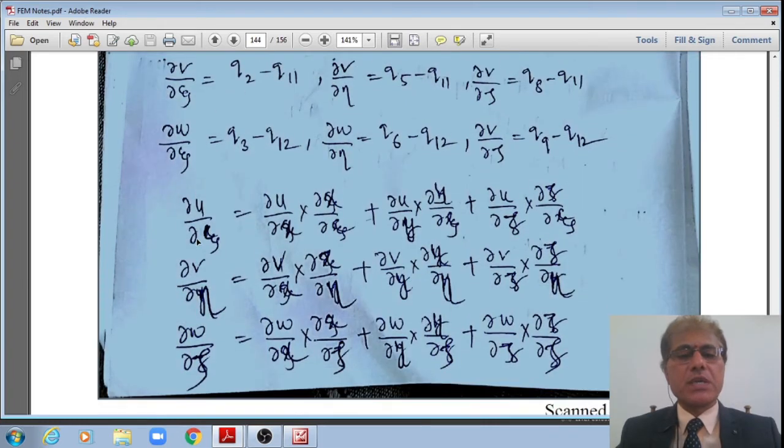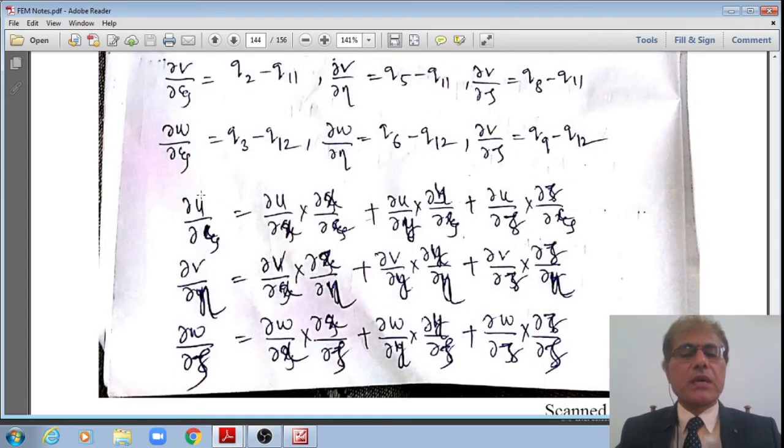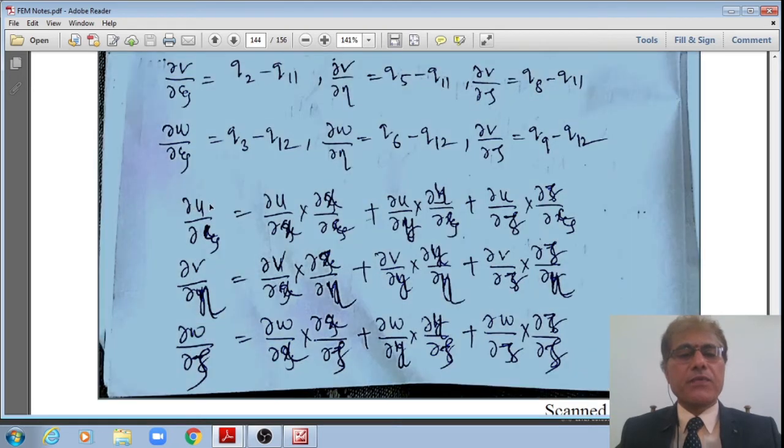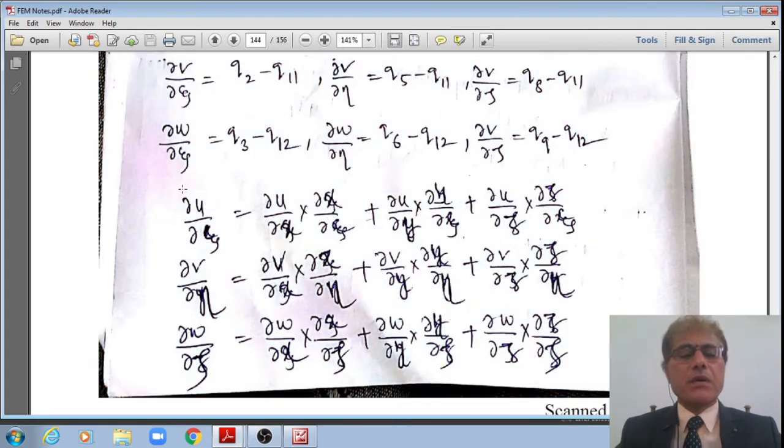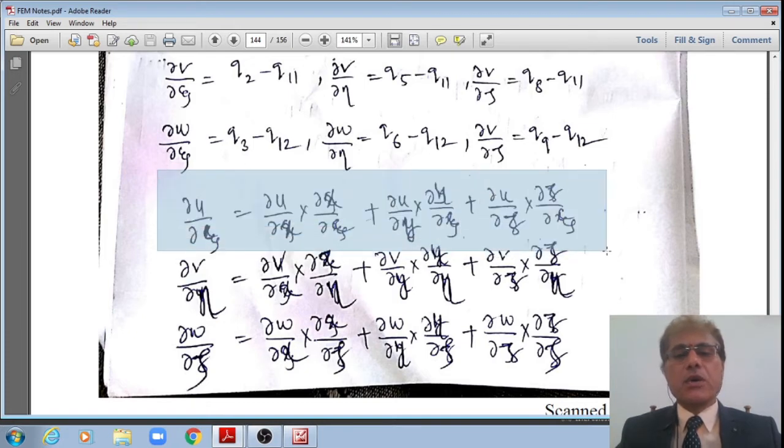Therefore, using the chain rule of differentiation, students, I can say the differentiation of any function f, which may be a displacement u, or v, or w as appropriate, right? Therefore dou f by dou xi, or dou u by dou xi, is equal to dou u by dou x times dou x by dou xi plus dou u by dou y times dou y by dou xi plus dou u by dou z times dou z by dou xi.